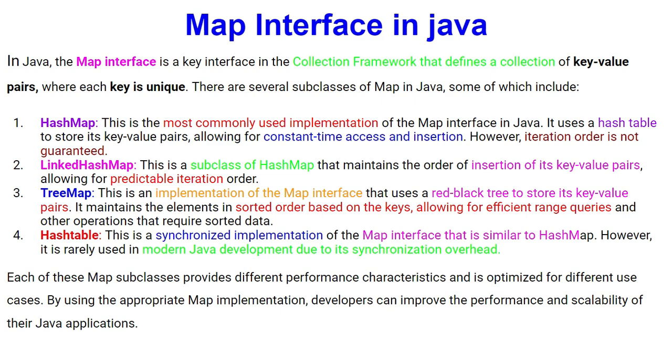So when you require an object that is thread safe, go with the Hashtable, create an object of the Hashtable and put your data. This is a Map implementation that is similar to HashMap. However, it is rarely used in modern Java development due to its synchronization overhead.